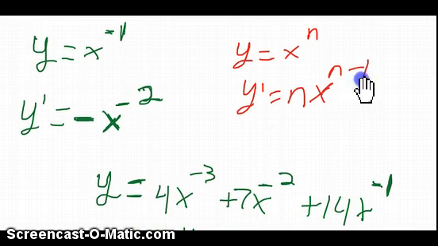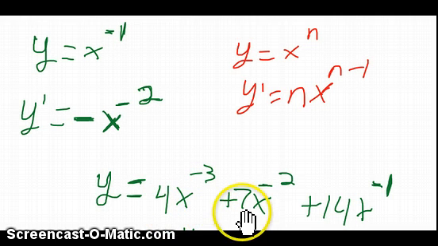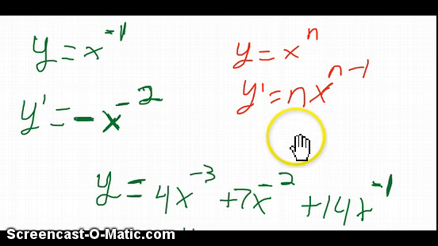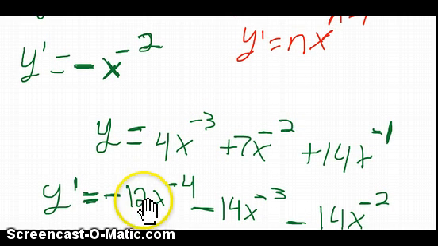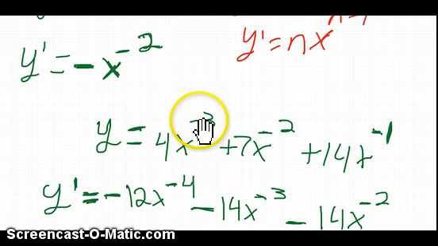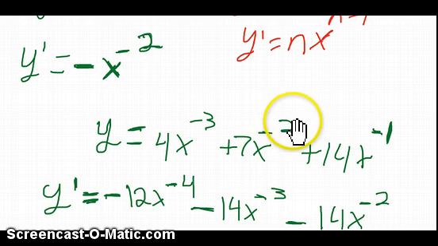If we had the equation y equals 4x to the negative 3 plus 7x to the negative 2 plus 14x to the negative 1, we would do the exact same steps. We would take 4 times negative 3, which gives us negative 12, and negative 3 minus 1 gives you negative 4. Next one would be plus 7x to the negative 2.